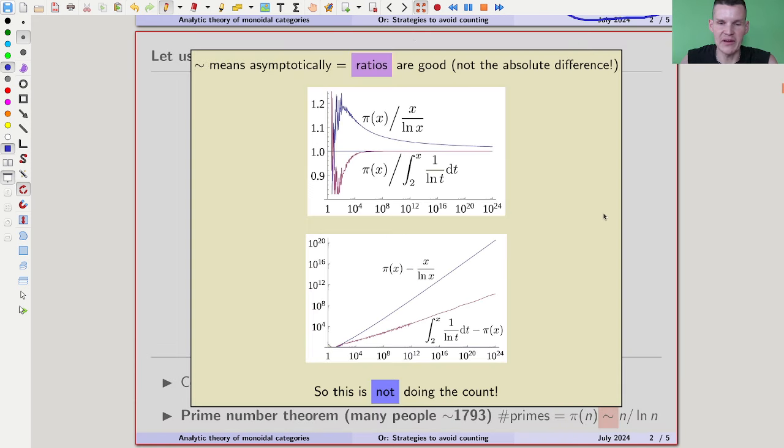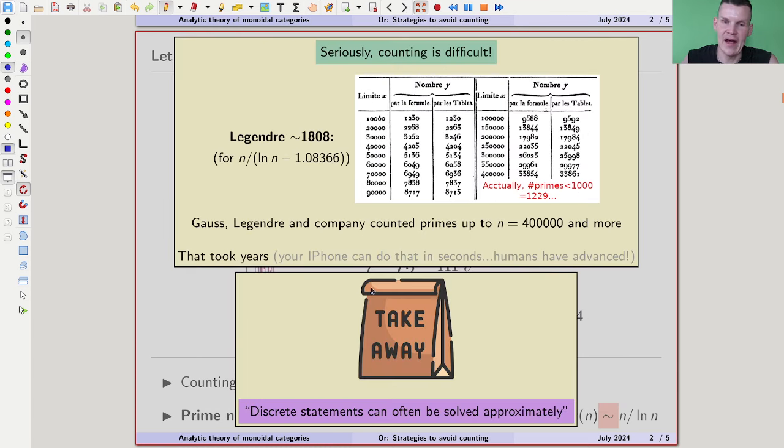And what I told you is that the ratios get good. So this is really kind of not doing the count, because the difference can still be arbitrarily large. And I really care about the ratios in this type of question, right? I told you about how people have done this, looking at tables, and they came up with this idea that counting is difficult, so we need a different approach.